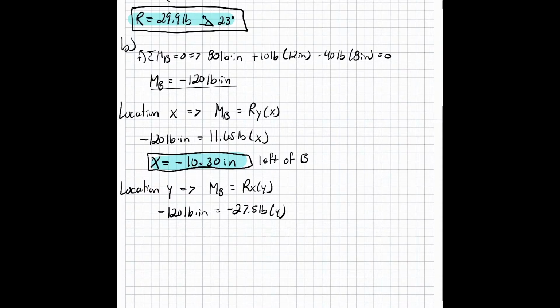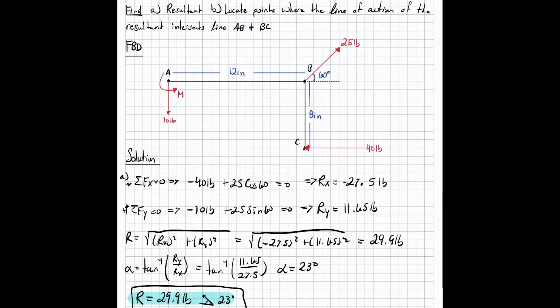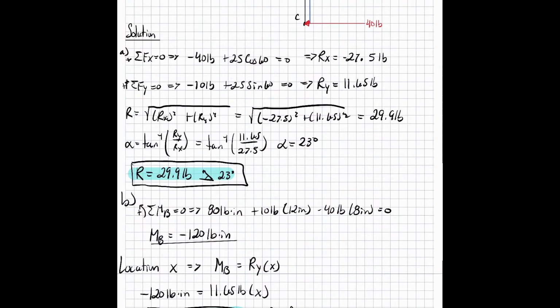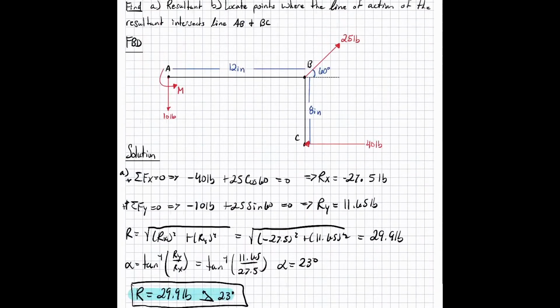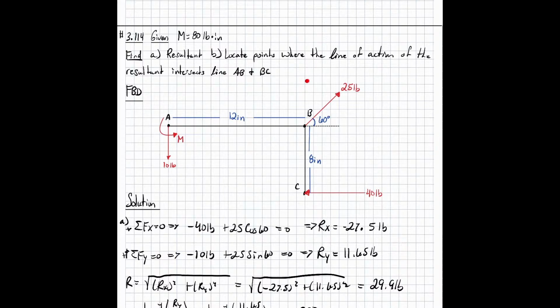Now this is going to be a positive value when you actually get the number to come out, but we know that we cannot go positive because of our diagram, it'd be up here off of the entire diagram, so that's not going to work. So we know it has to go down. Solving that out, we get y to come out to 4.36 inches, and that's going to be below B. Again, even though it was positive, we had to go below B, because we cannot go off of our diagram.